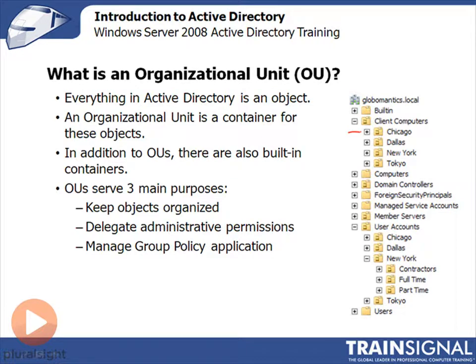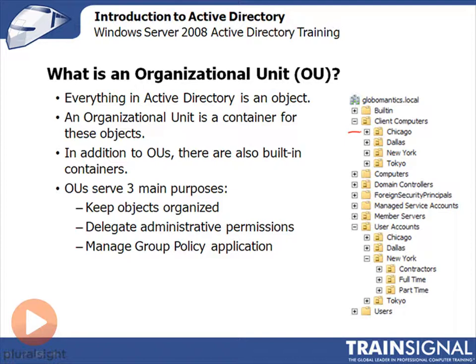Now, the third purpose of OUs is for managing group policy application. There I go, throwing another term out there that we haven't talked about. You'll see later in this course, I have a series of lessons that are all about group policy. Group policy is how we keep control over our environment.